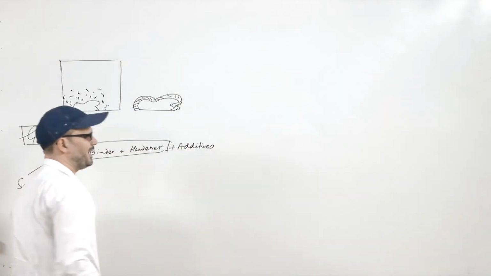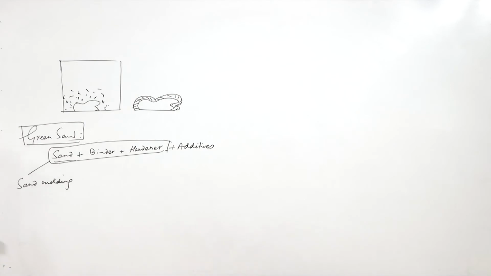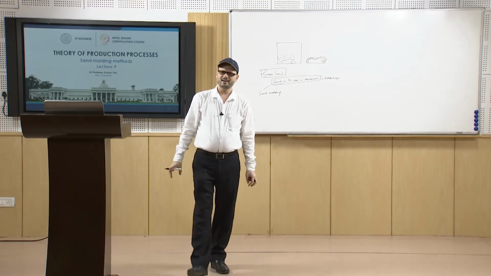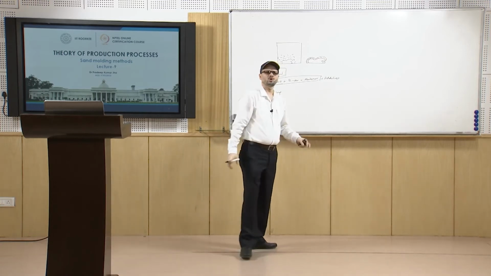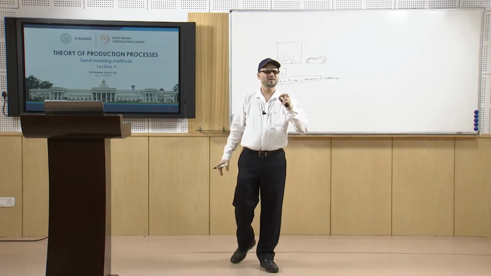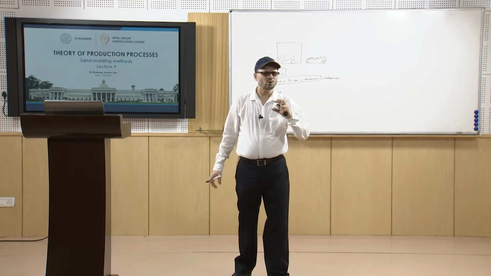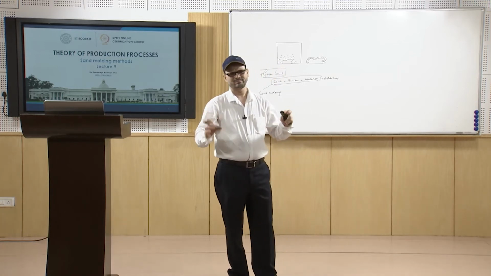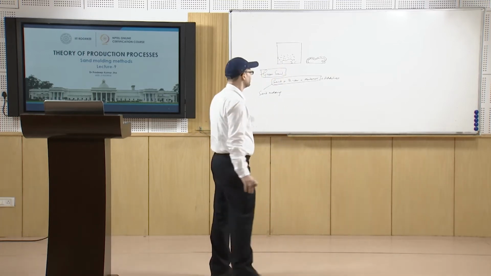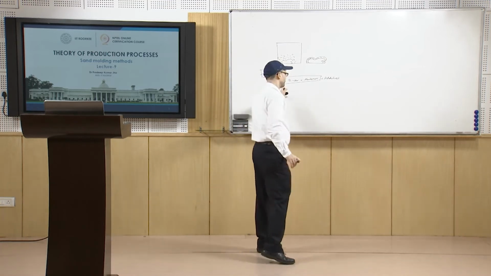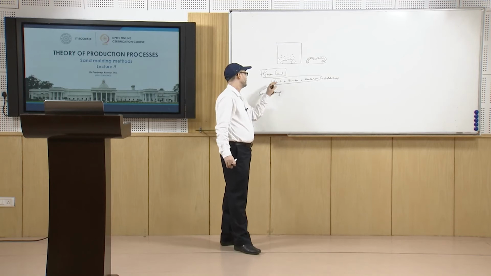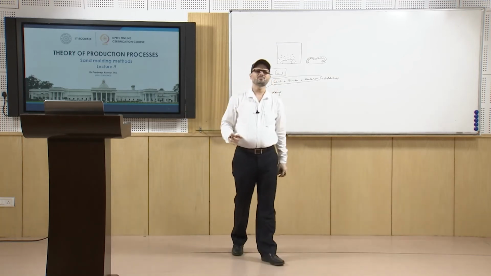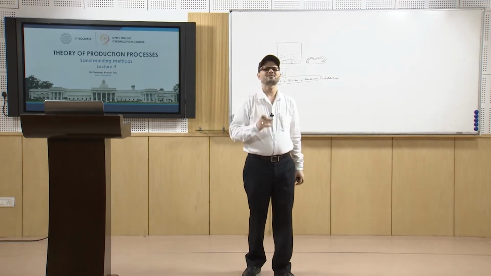Now, when we use clay, the clay does not have very high refractoriness. So clays are normally not used for making the cores, and there is also a limitation of having adequate strength. The next type of molding process is carbon dioxide molding.